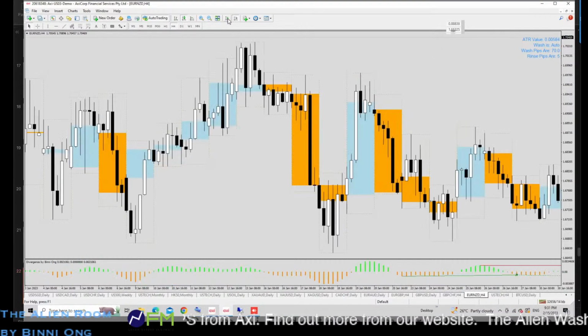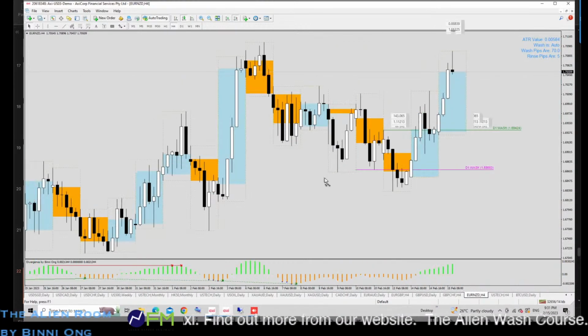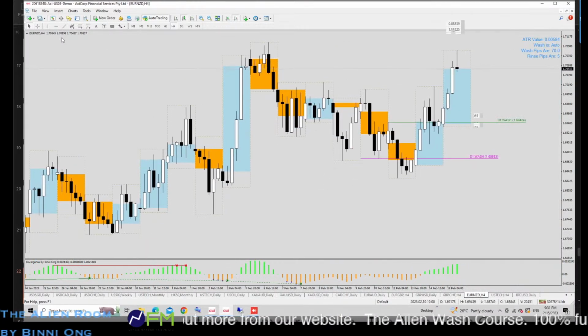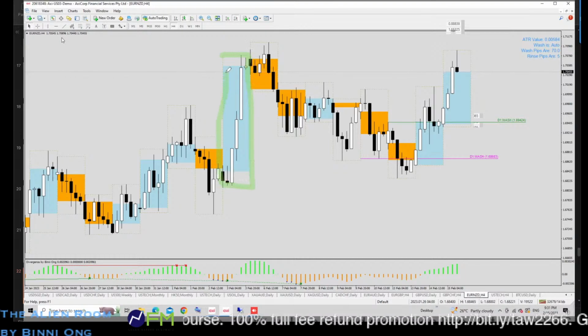All these squarish, rectangularish boxes that you see here, they are actually a day candle. Meaning that, let's say if I were to draw an outline like this, this is a day candle. Why do I know it's a day candle?